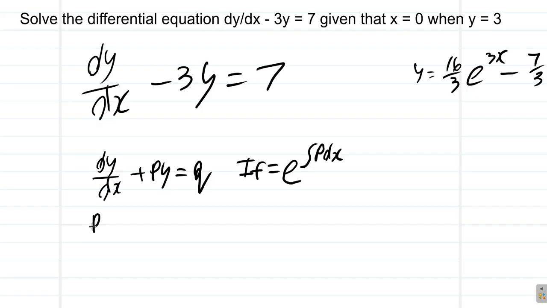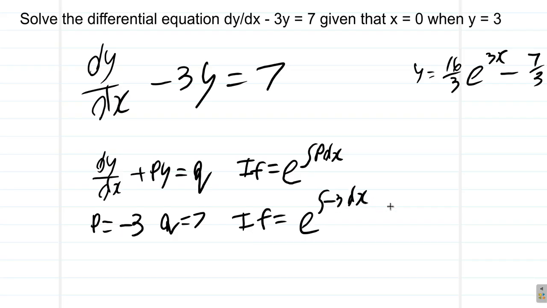Here, p is negative 3, not 3, because this could be written as plus negative 3y. Q is 7. Now the integrating factor is e to the integral of negative 3 dx, which works out to be e to the negative 3x.